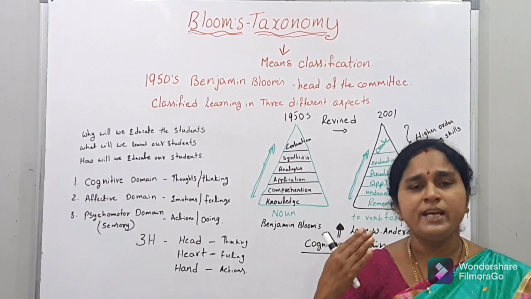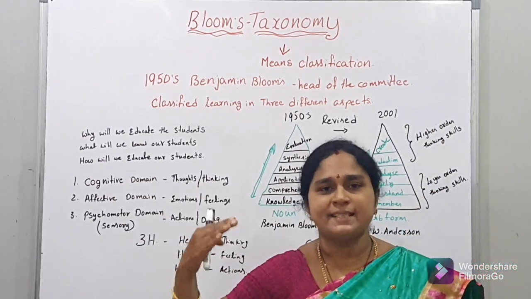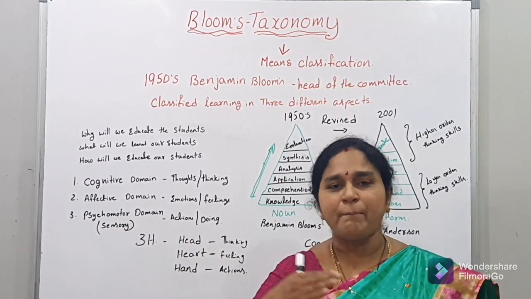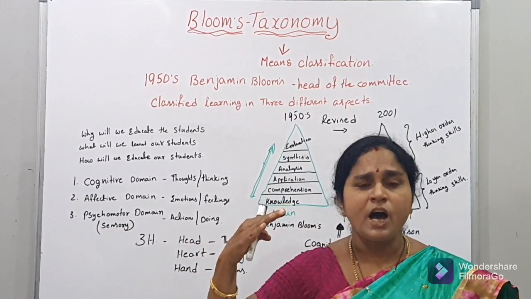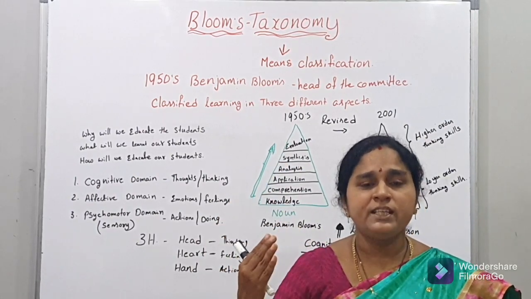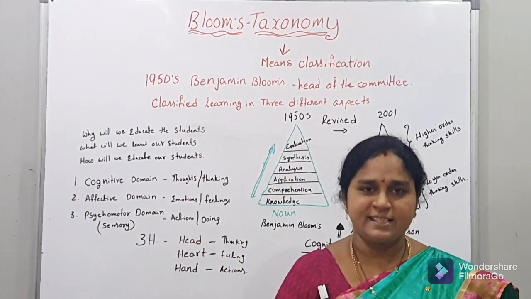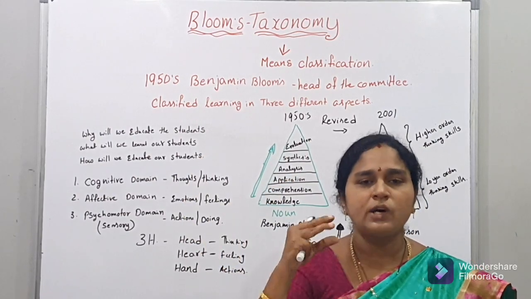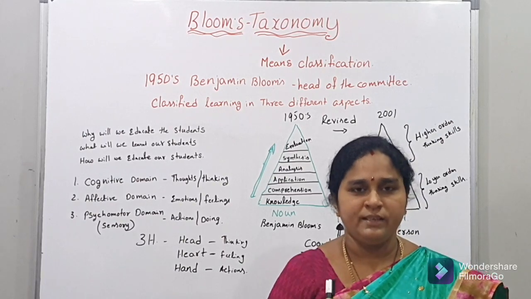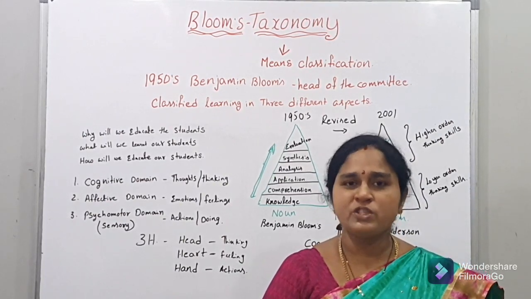When the student is learning something, is it knowledge based, or apply based, or analyze based, or evaluate based, like that, to understand the learning and fulfill the levels. That is the more focus on Bloom's taxonomy. That's why today we are discussing Bloom's taxonomy.